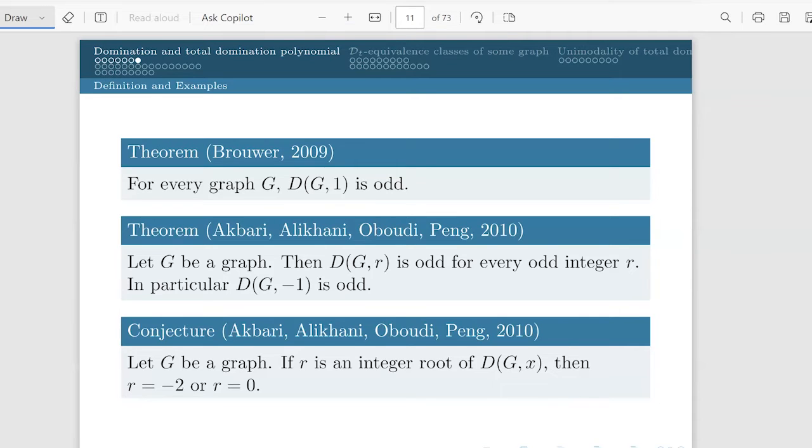It cannot be 0. And so we have this conjecture in 2010 with my supervisor, Professor Peng, and my friend Woody, that if G is a graph and r is an integer root, then r is -2 or 0. Some papers have been written about this conjecture, but the conjecture is still open.